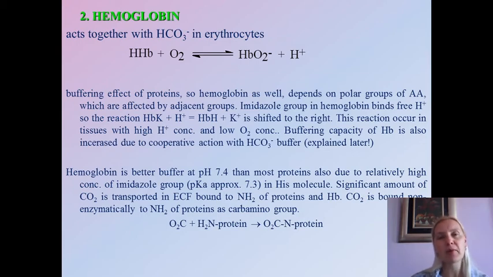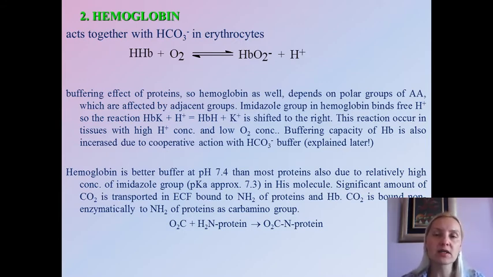If you remember, the average content is 8 to 10% of amino acid content is actually histidine with its imidazole group, which is, as we explained, capable of binding one more hydrogen ion to the hemoglobin molecule.